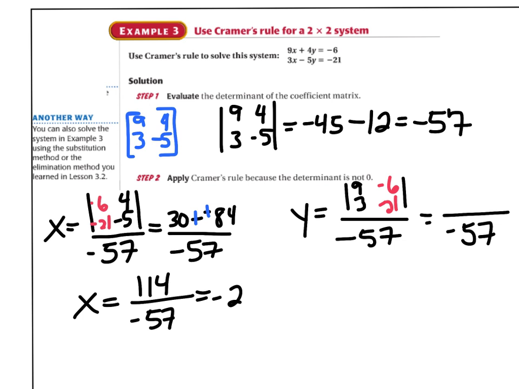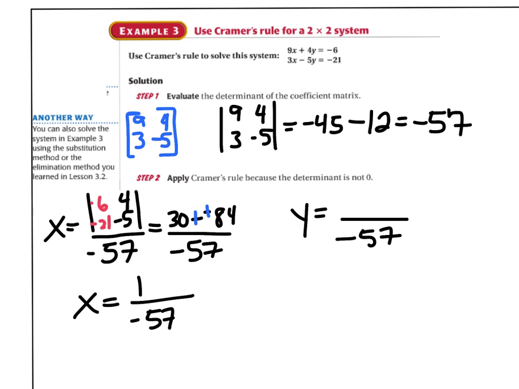So 9 times a negative 21 is a negative 189, and we will subtract from that a negative 18, and then we get really the addition statement there, which is negative 171 over negative 57, and that reduces to 3.